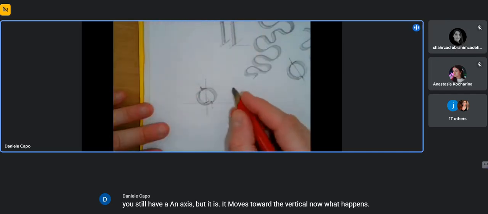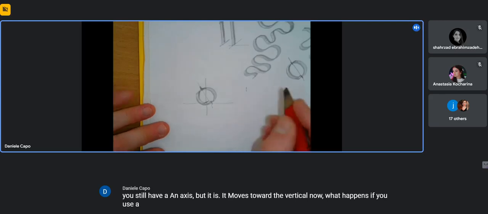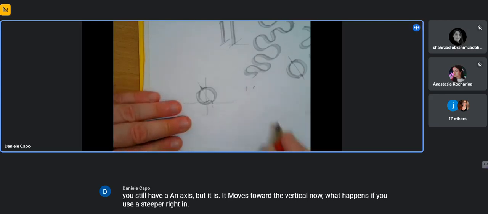Now, what happens if you use a steeper writing angle, like this one?